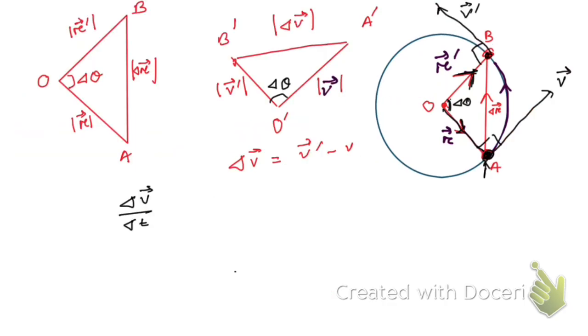At A the velocity is v, at B the velocity is v dash, so the velocity changes from v to v dash in time interval del t. So this is actually the average acceleration of the particle.